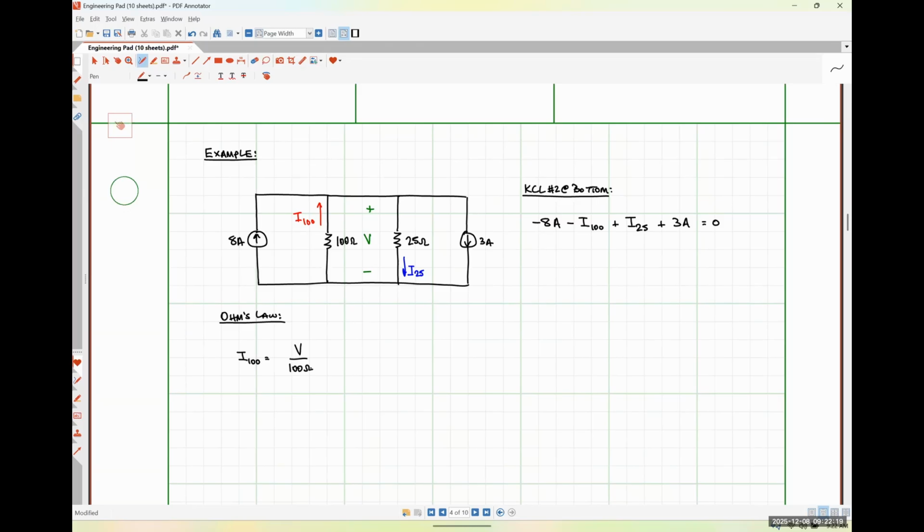What do you think needs to be done to fix it? Negative sign. So it needs a negative sign because that current I100 is flowing out of the positive polarity terminal. So it started flowing in here into the minus terminal, flows through the 100 ohm resistor, and then flows out the top. So since it's flowing into the negative polarity terminal, Ohm's law needs a minus sign.